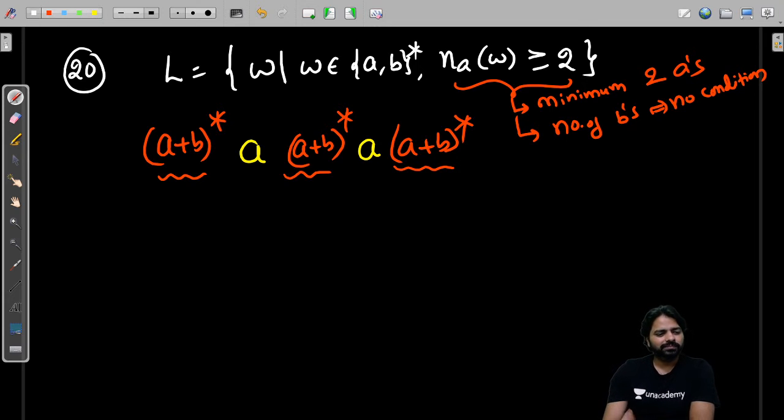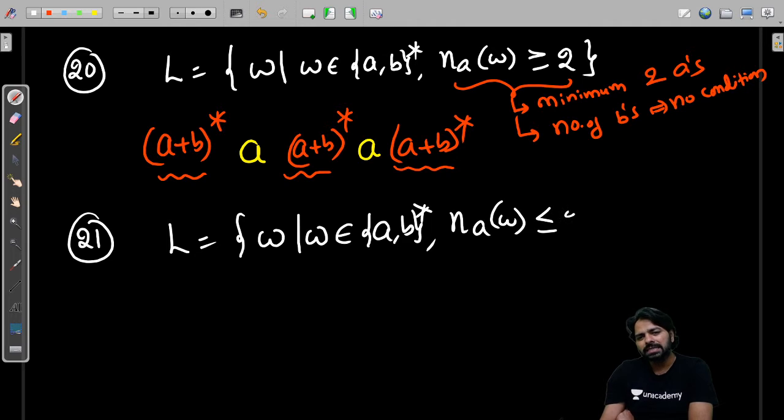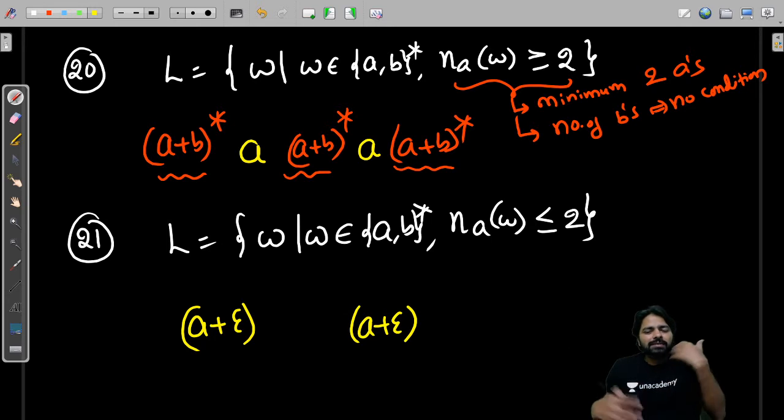Okay, quick. 21. L is equal to W such that W belongs to A comma B whole star and number of A's of W less than or equal to 2, means at most 2 A's. Have you remembered at most 1 A? A plus epsilon I can write. At most 1 A followed by at most 1 A is at most 2 A's.